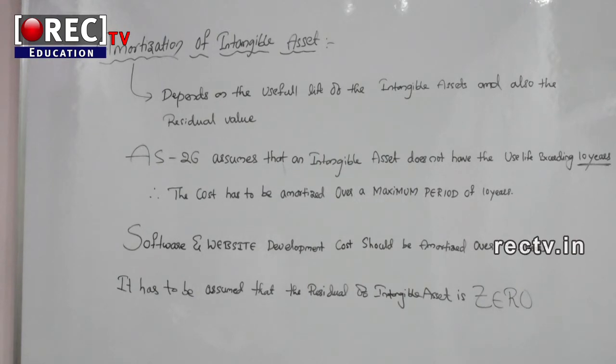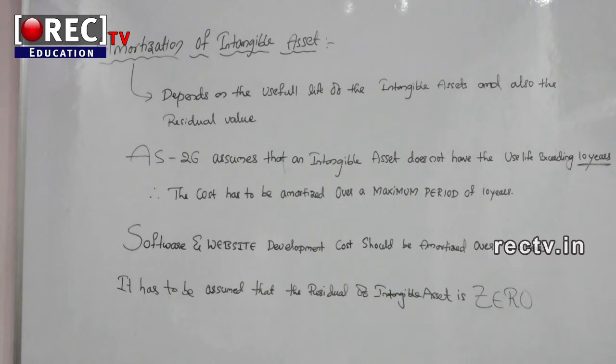AS 26 assumes that an intangible asset does not have a useful life exceeding 10 years. So the cost has to be amortized over a maximum period of 10 years.